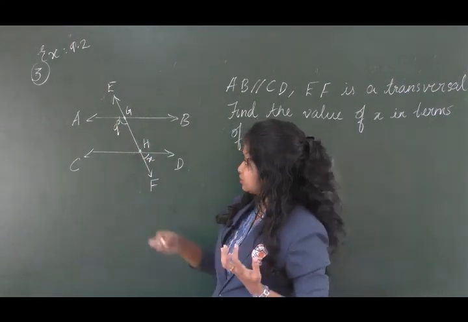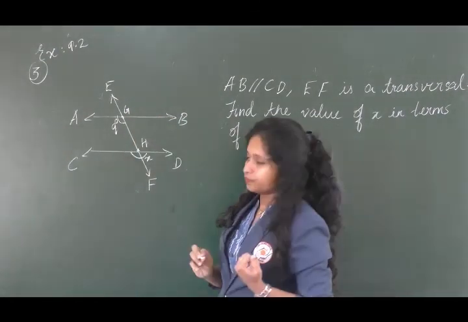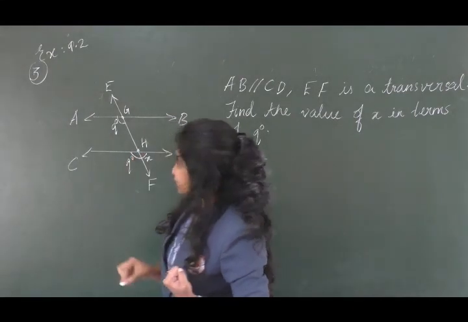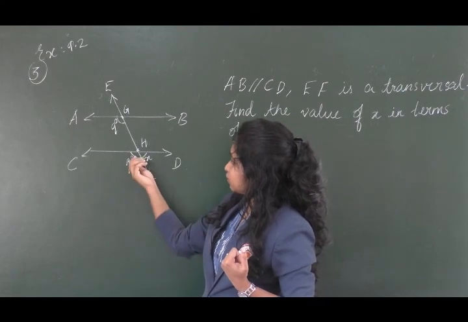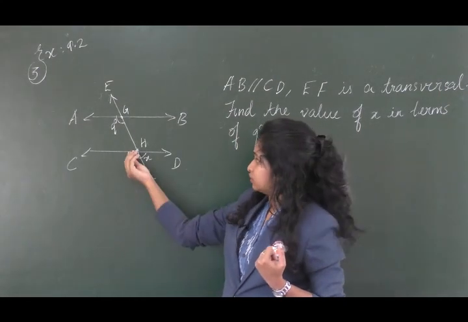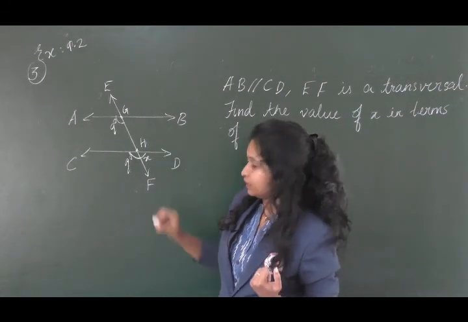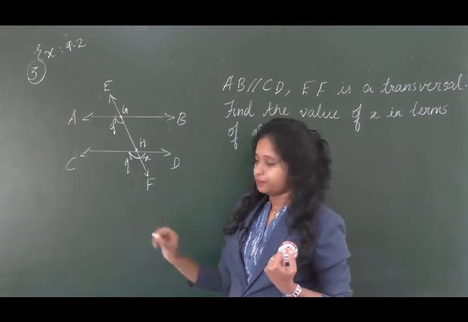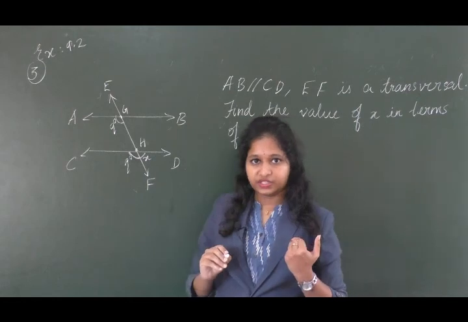If you notice, this angle and this angle are corresponding angles and they are equal, isn't it? So now we got this angle as q degrees. Now we have to find x. Since this is a straight line, the angle formed will be equal to 180 degrees.